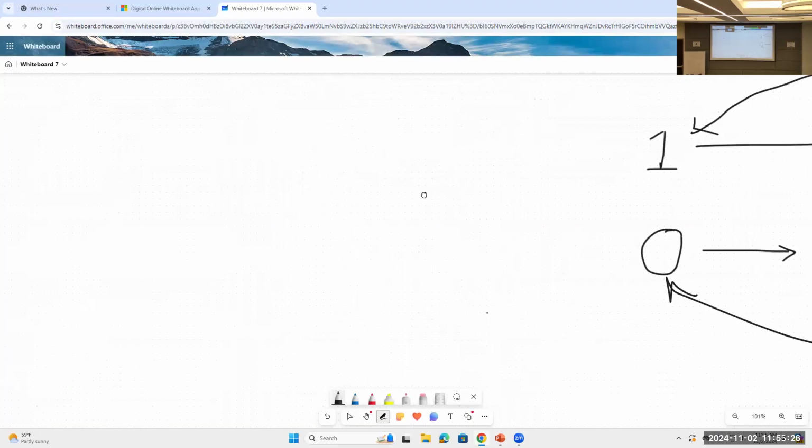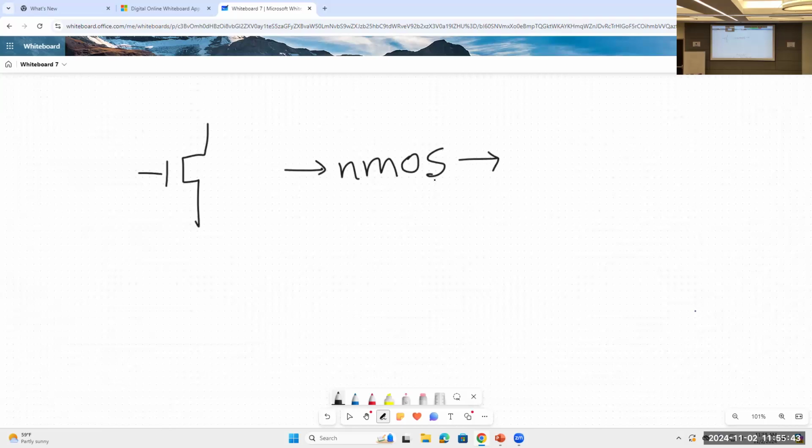So this is called NMOS. In NMOS, I'm writing a summary table here as well for this circuit.